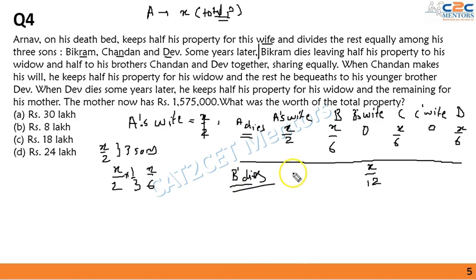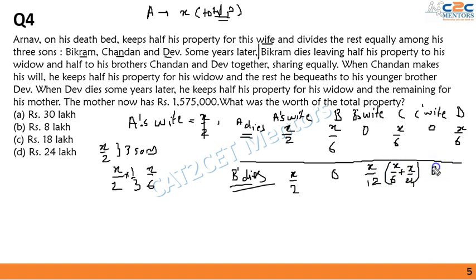Now A's wife has nothing to do with it, so her property remains constant, and x by 12 is shared equally among Chandan and Dev. Okay, now Bikram's property becomes 0 as he dies and he distributes his entire property. Now C is going to get x by 6 plus x by 24.